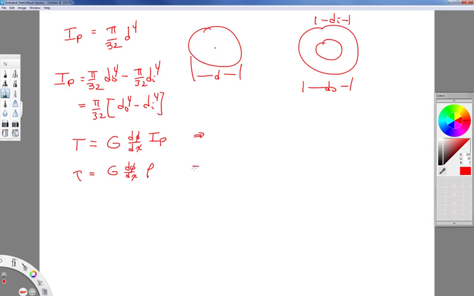I can solve both of these for the twist rate and eliminate that twist rate term. So from this one, d phi by dx is equal to the torque divided by I sub p G. And from this equation, d phi by dx is going to be equal to the shearing stress divided by G and rho. I'm going to set these equal to each other.